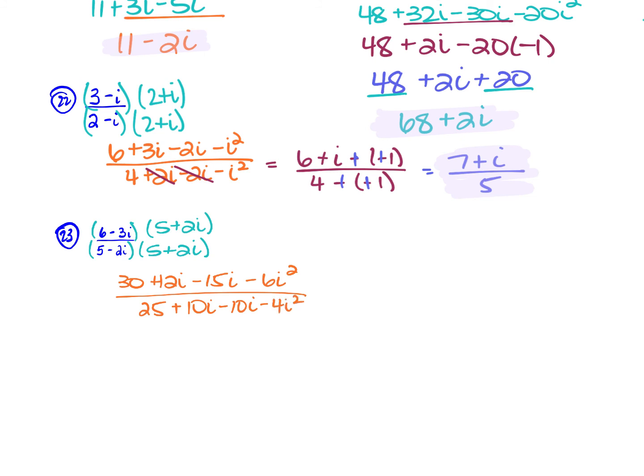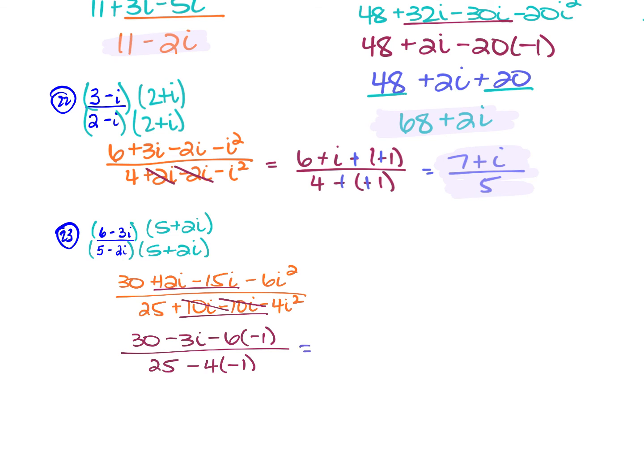From here, we're going to simplify and combine like terms on the top and the bottom. So we're going to do 30 minus 3i minus 6 times negative 1, because i squared is negative 1, all over 25. Those 10i's cancel because they're opposites, minus 4 times i squared, which is negative 1.